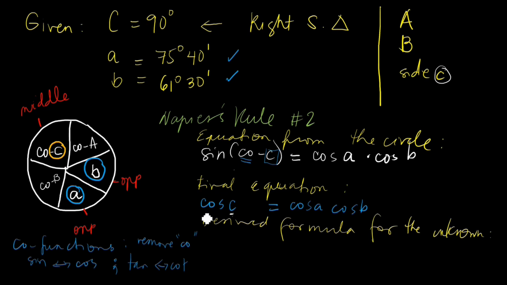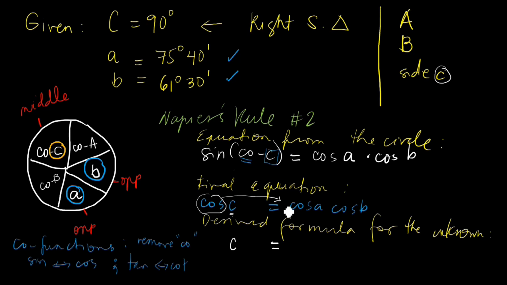So you would notice that in using Napier's rule, we do have here cosine of a side because the side is also in degree measure. It is like an angle. So it means that we can also use the inverse trigonometric function. Since what we need is side C, we just copy side C equals, and then we need to move cosine to the other side.